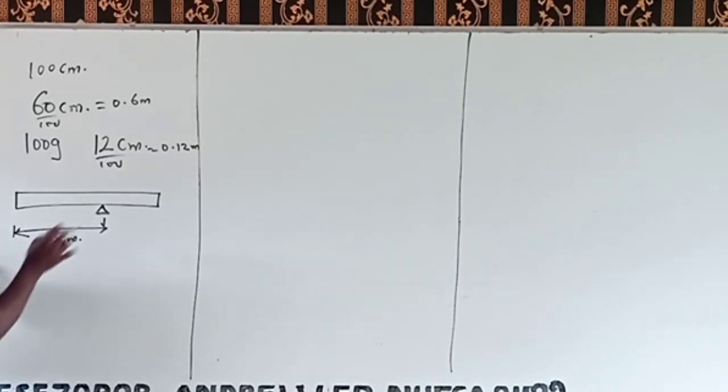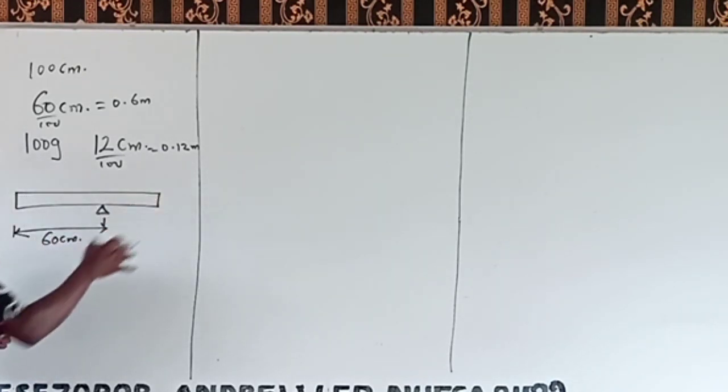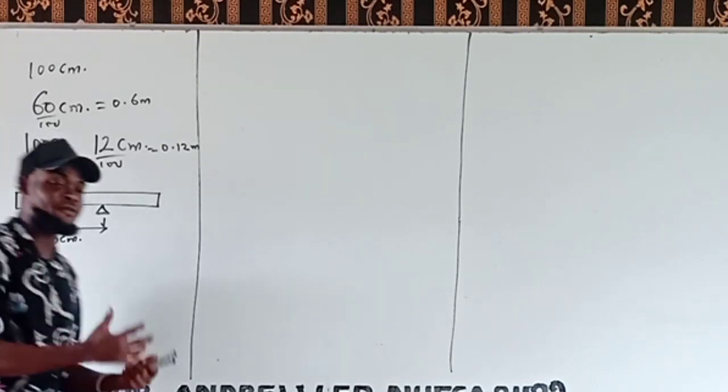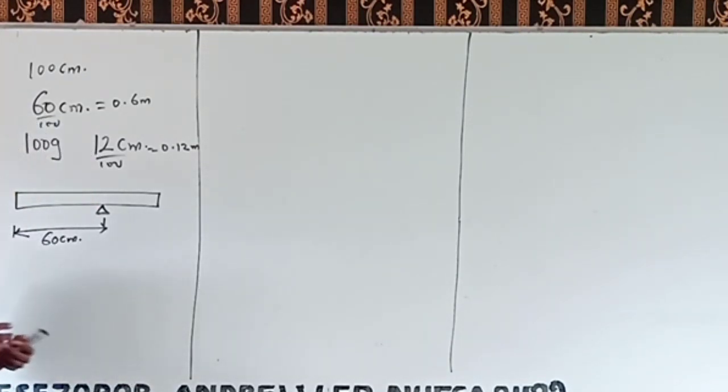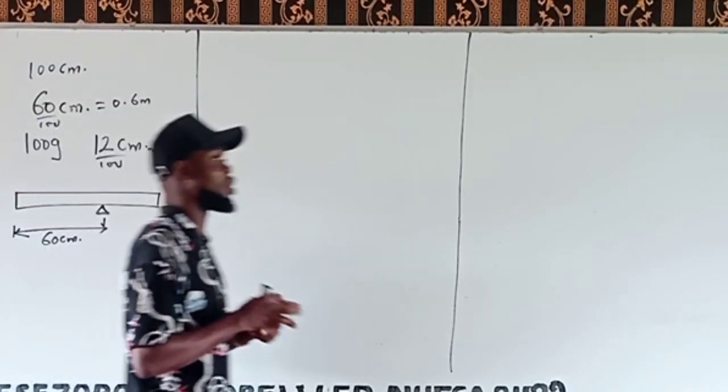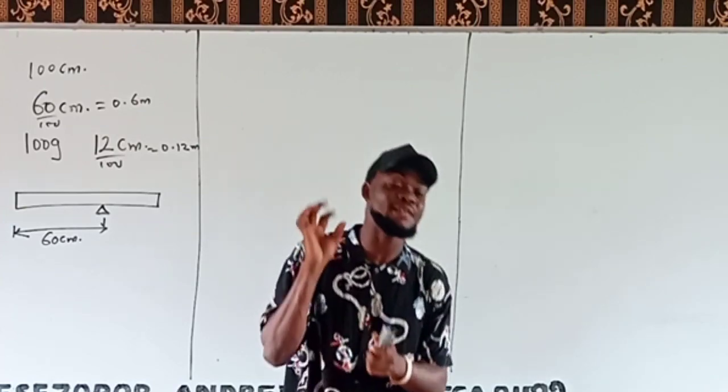Now, if this meter rule is a non-uniform rule, the weight of this rule will not be at the center of gravity.